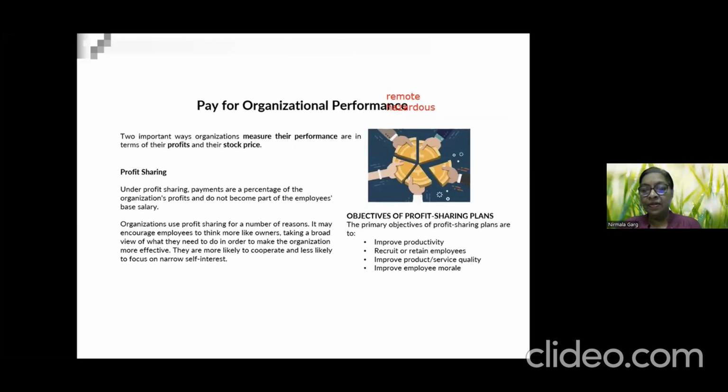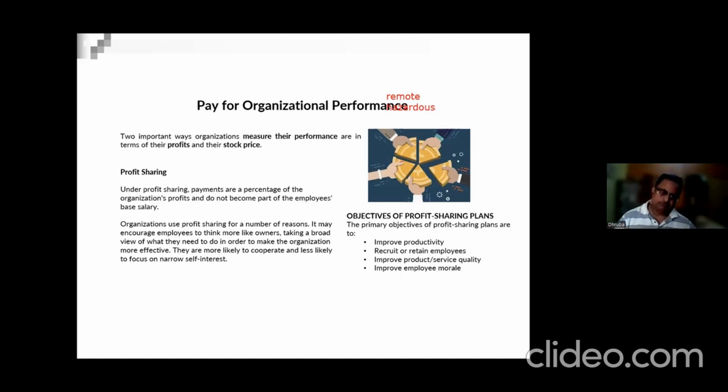Madam, on profit sharing, if an organization wants to share the profit with the employees, can individual performance rating also be a yardstick, or is it given across all the employees? When they are doing profit sharing, typically it's a percentage of the base salary.